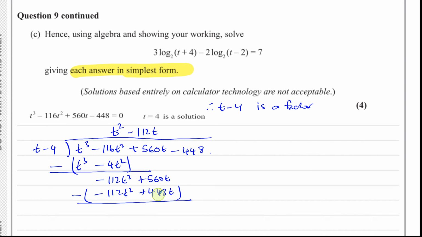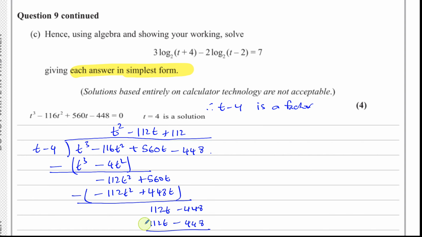That gives me 0, and that gives me 560 minus 448, that's 112t. So you're going to have t times 112 gives me 112t. I'll bring down the next term, which is minus 448. So 112 times t is 112t, and 112 times minus 4 is minus 448.